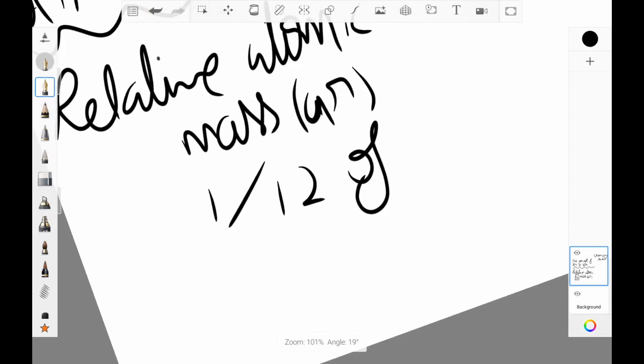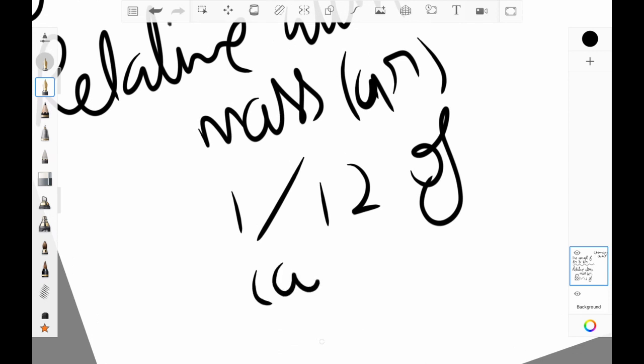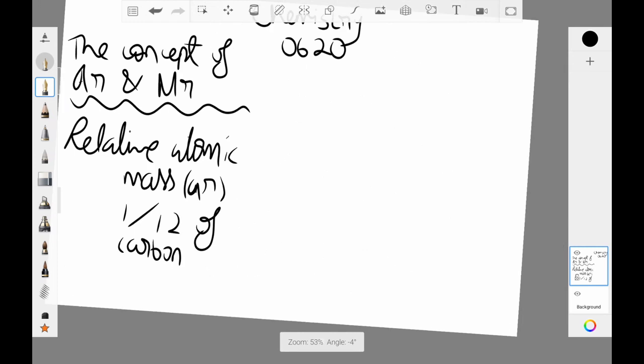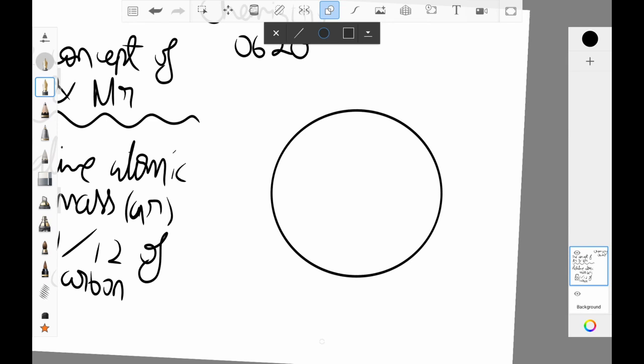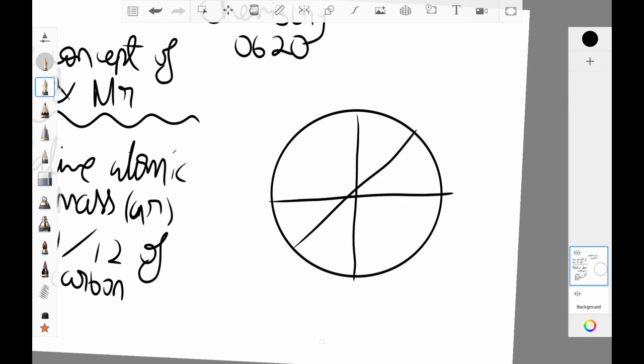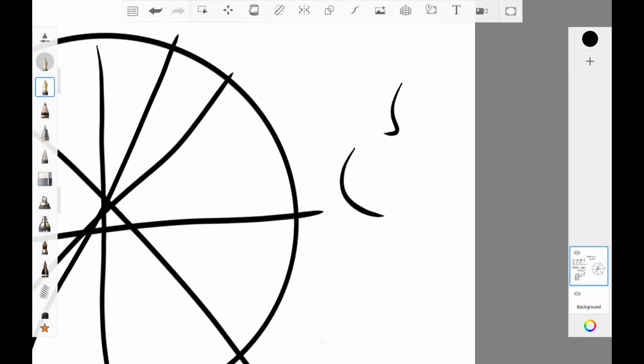Not a carbon atom, 1/12 of it. What that means is that the best way to visualize it would be through a pie. So imagine this is a carbon atom and I have it divided into 12 parts. That's 12 parts. This is a carbon 6 atom, which is the most common isotope of carbon.